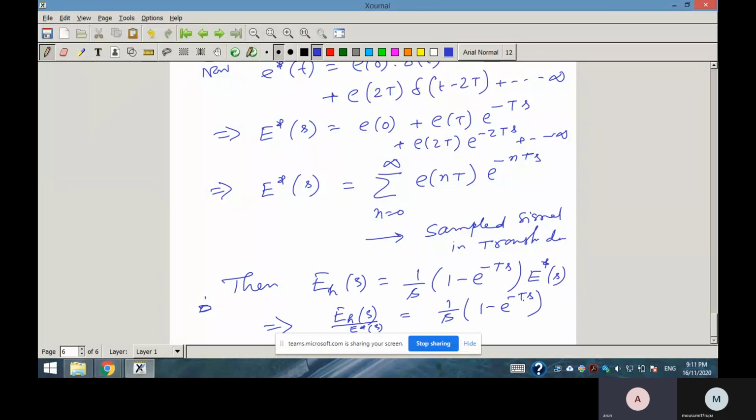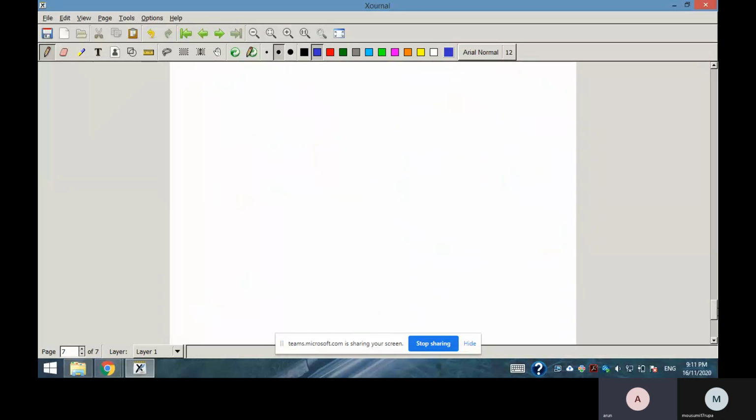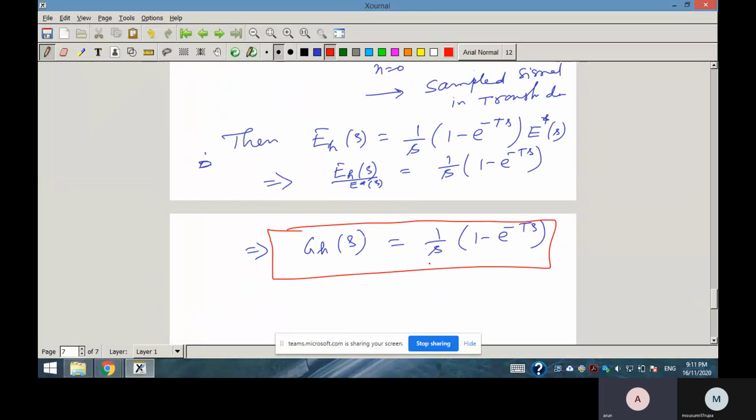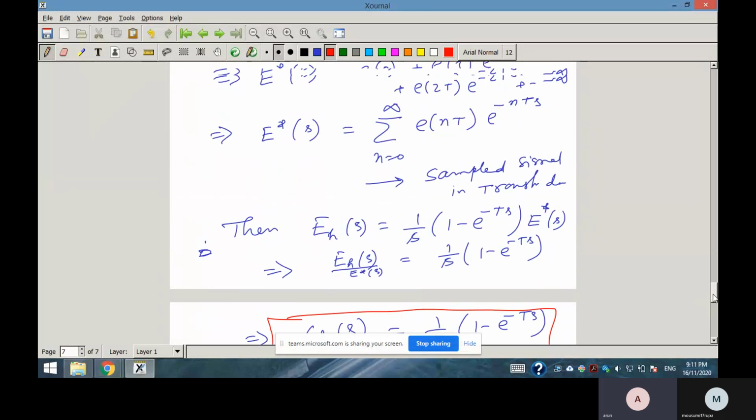So this is your whole transfer function. This means G_h(s), the whole transfer function, is 1 over s into 1 minus e to the power minus Ts. This is actually the transfer function of the zero order hold. So whatever hold operation I have considered, that is the transfer function of the zero order hold. Similarly, first order or higher order holds are there.